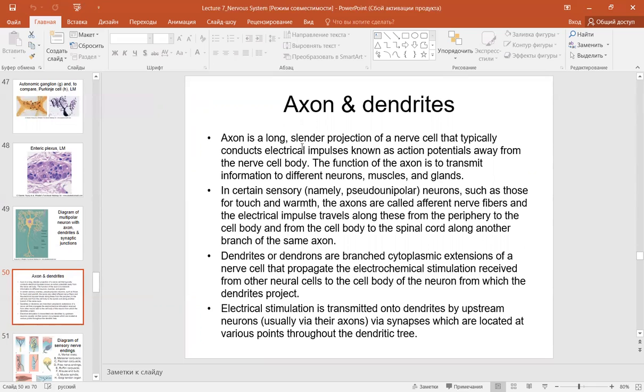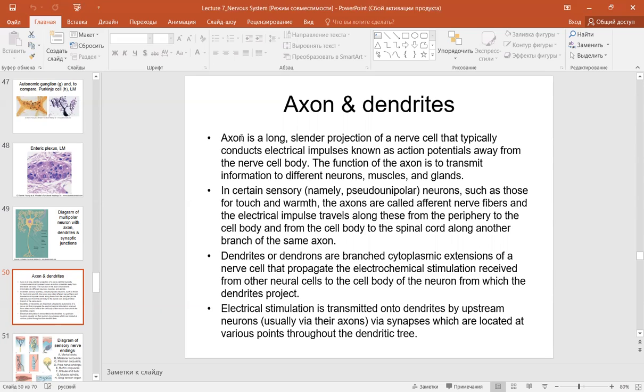But I'm just emphasizing that it was previously believed that axons bring information from the cell to the periphery, and dendrites bring information from the periphery to the nerve cell bodies. But now there is another treatment, that axons can deliver signals in both directions, from the periphery to the nerve cell body, and from the nerve cell body to the periphery.